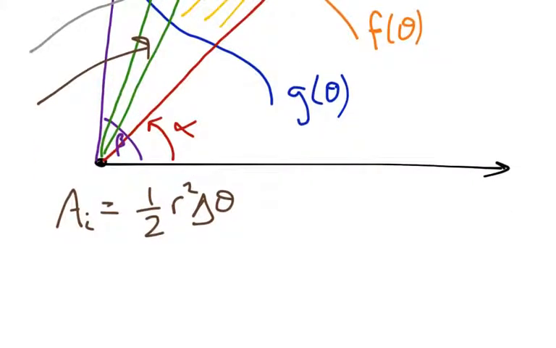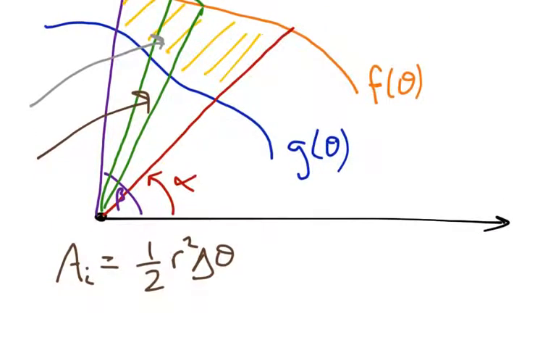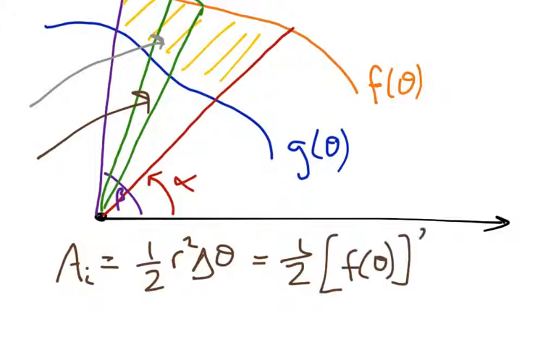In this case r is given by f of theta, because we're going from the pole along the radial line to the farthest edge, which is bounded by f. So this would be 1/2 f of theta squared delta theta.